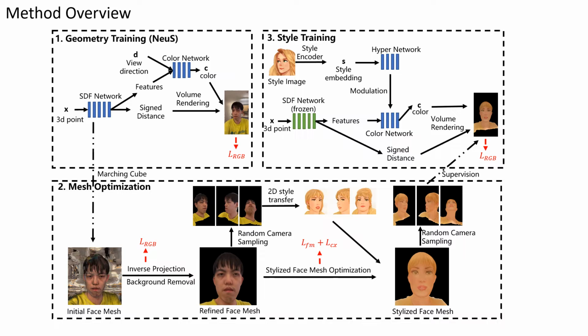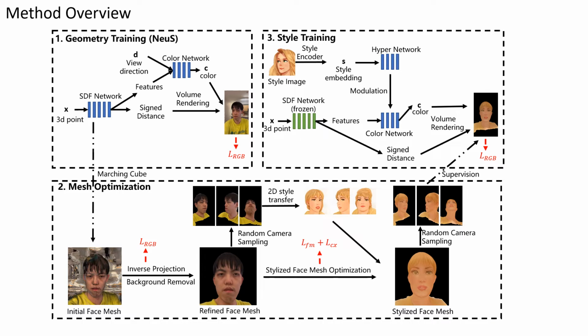And finally, in the third stage, we extend the NeRF network to condition on style image and train it with multiple styles to further generalize. We use the stylized face mesh from the second stage as the supervision to train this generalized NeRF network.